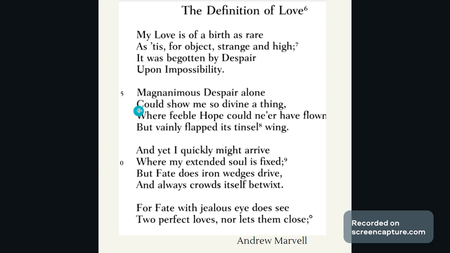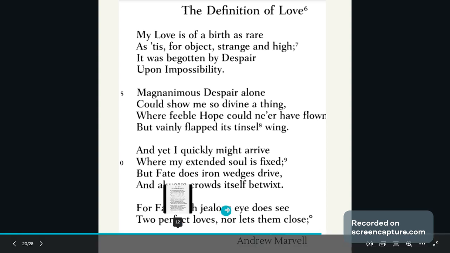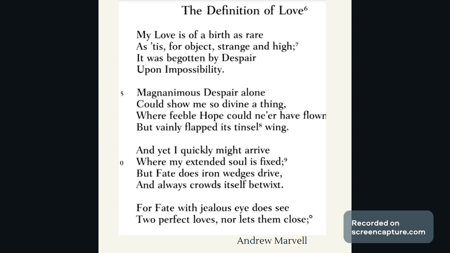And we can see how love, despair, and fate start possessing human qualities, like "fate with jealous eye does see," even though fate actually cannot see because it's an abstract concept. Here, in the personification of fate, it's given these human-like qualities, and now it can see.